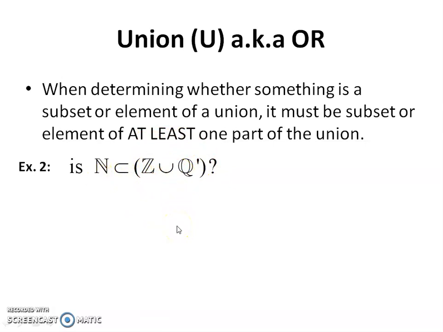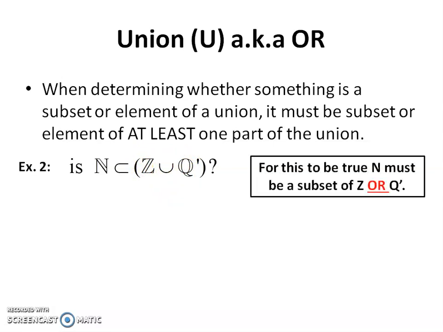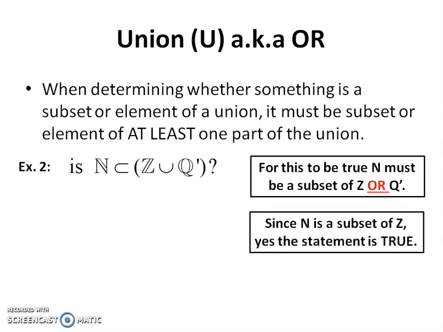That's one way to do it. The other way, and the reason that OR comes up, is because for this statement to be true, the N has to be a subset of one part or the other part.